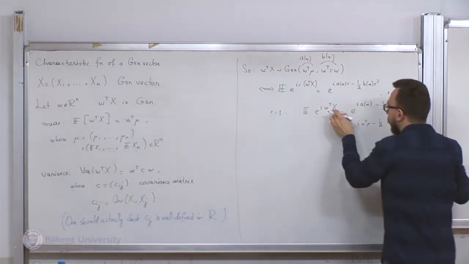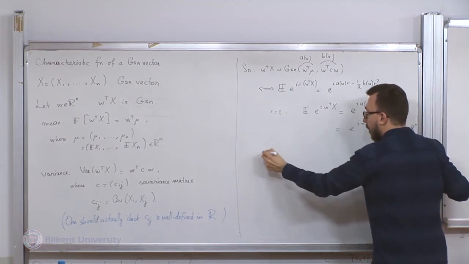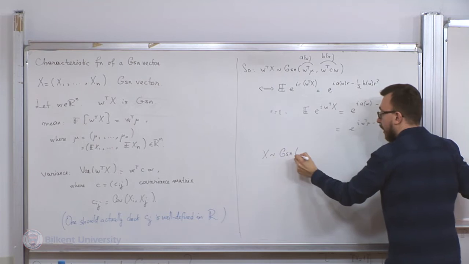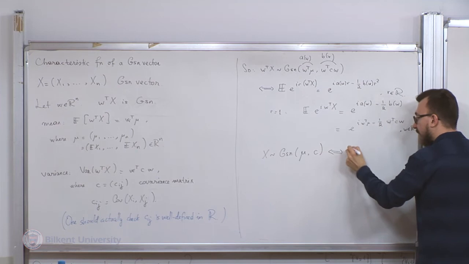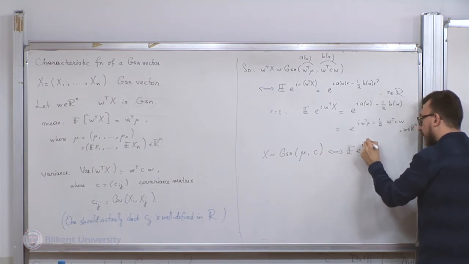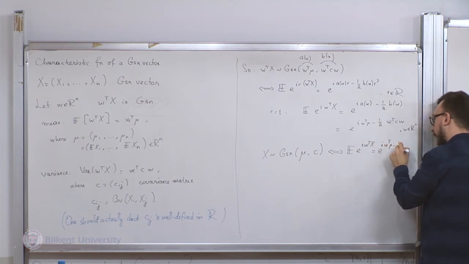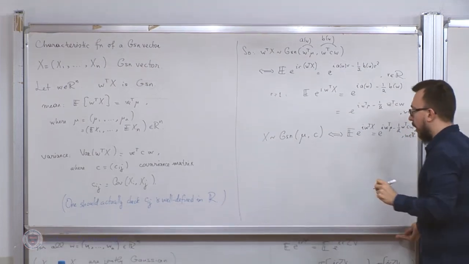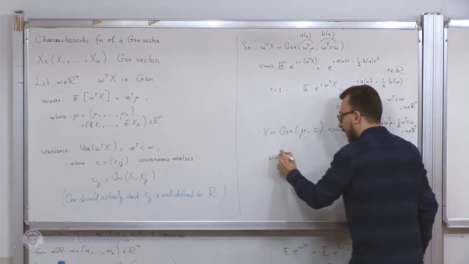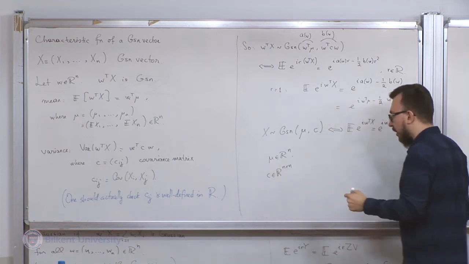Because since we have a vector, we need multiple coefficients. So we write X is Gaussian with mean vector mu and covariance matrix C. And this just means that its characteristic function is given as this. And this mu is in Rn, can be anything, and C is a matrix of dimension n cross n.